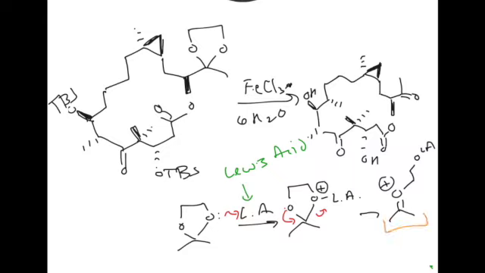And this is then what you add water to. Right? So instead of using just H+, they used iron trichloride, and that allowed them to remove both the acetal to get to the ketone that they wanted right here. Right, so this becomes ketone, and it let them take off the TBS groups all in one go.